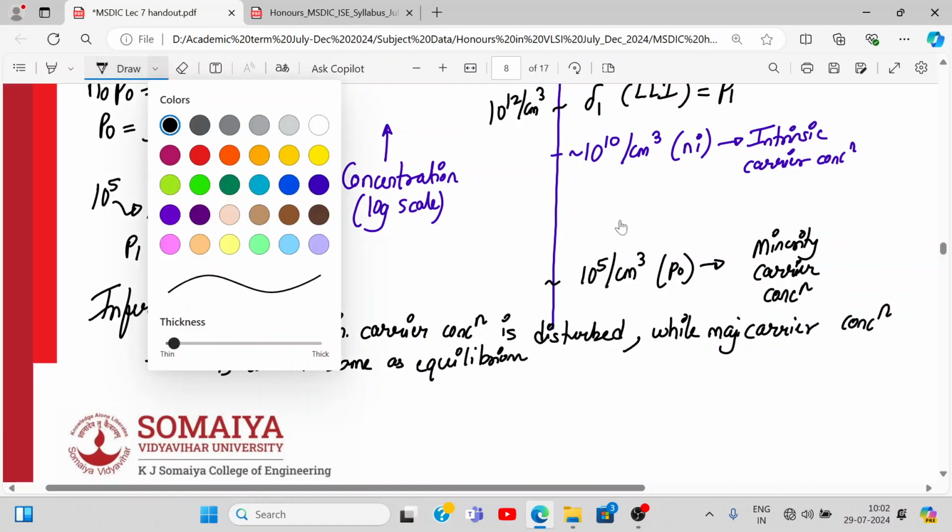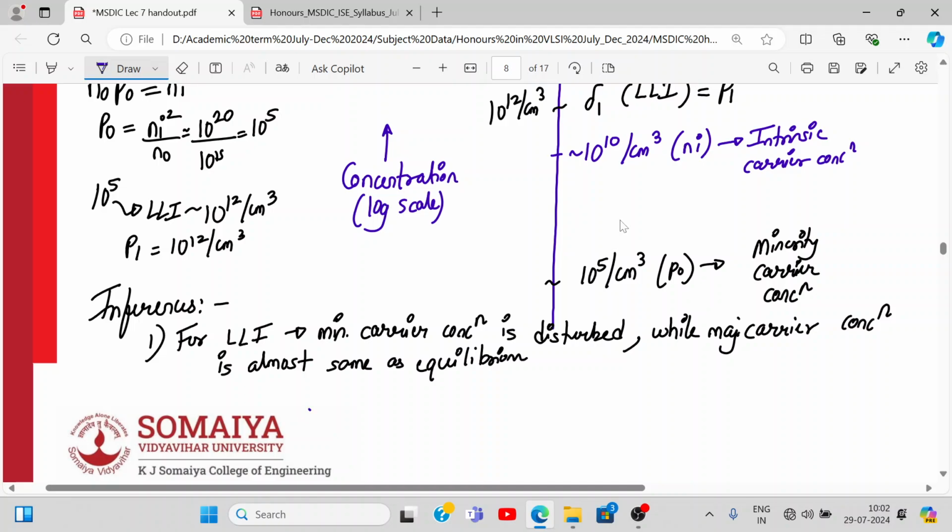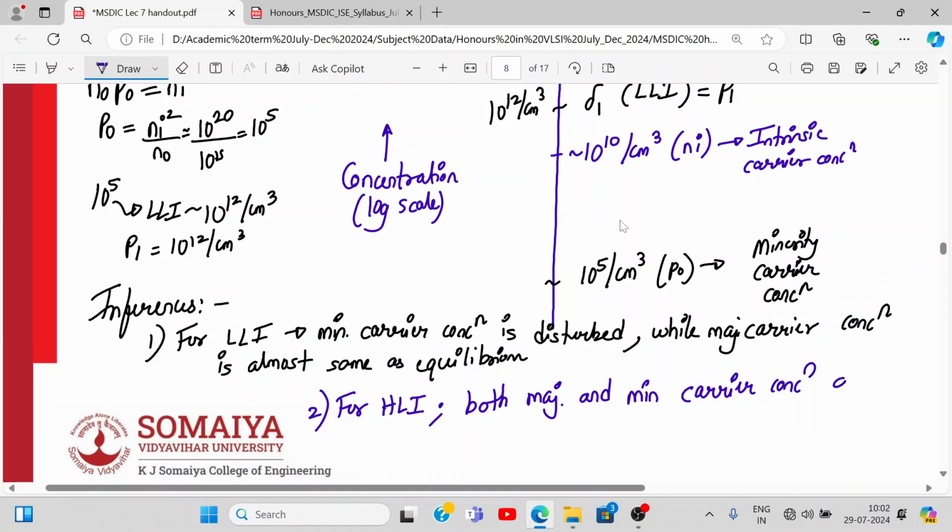Then for high level injection, both majority and minority carrier concentration are almost the same.